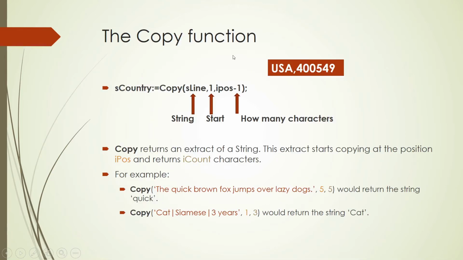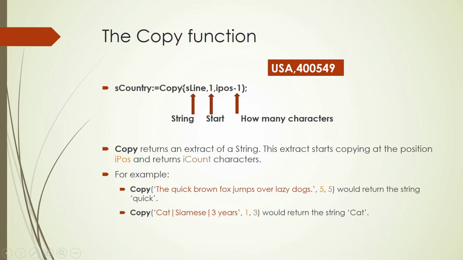The copy function. I want to copy part of a given string. So copy is a function that returns an extract of a given string. This extract starts copying at a particular position and returns the number of characters.